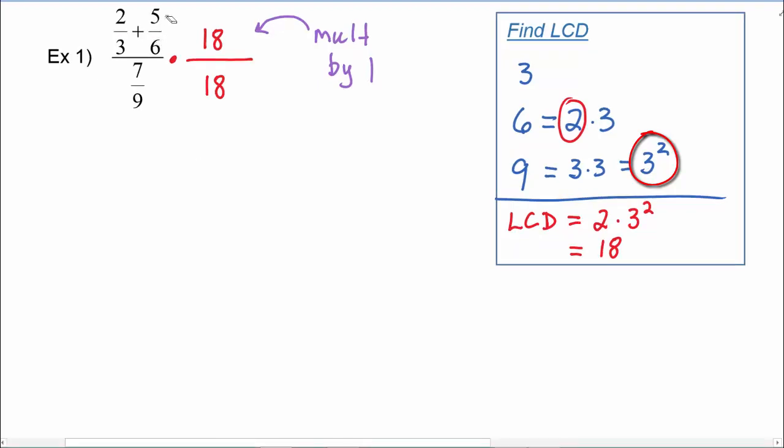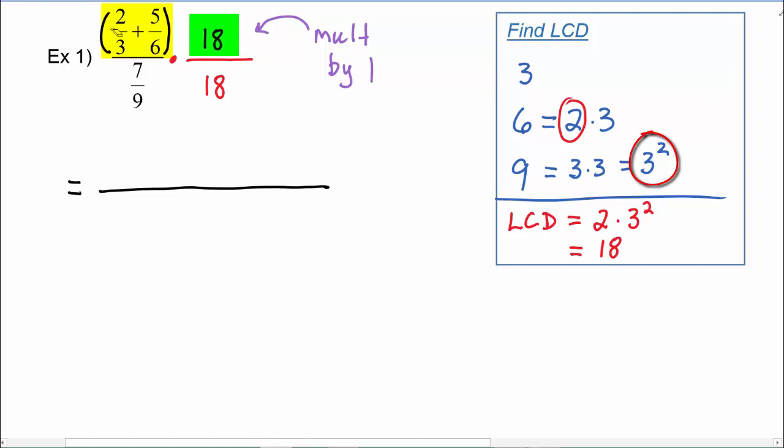When we multiply two fractions, we know we have to take the numerator of the first fraction times the numerator of the second fraction. So let's draw our fraction bar here, and we see we're going to have to take 2/3 plus 5/6 and multiply that times 18.